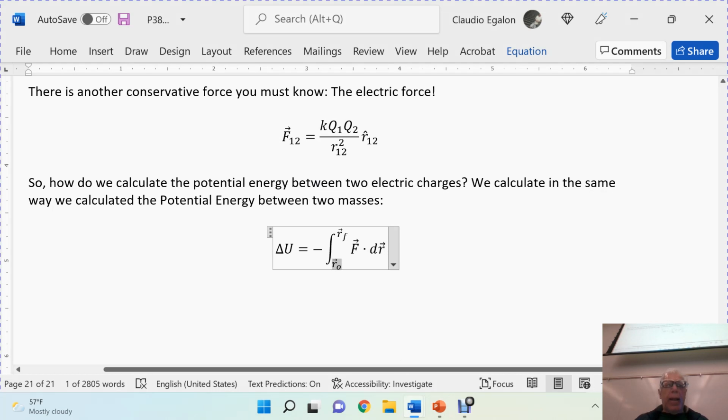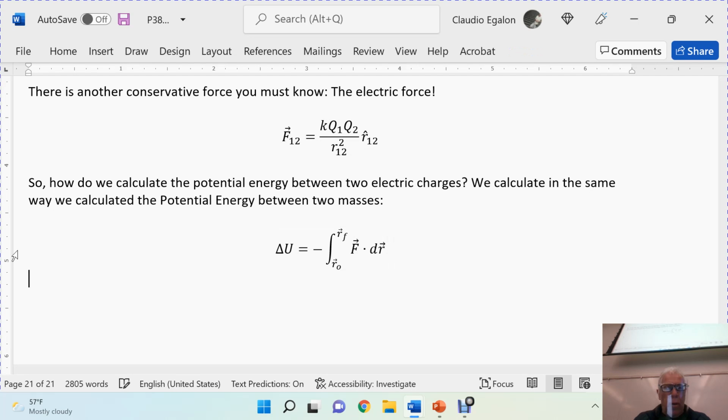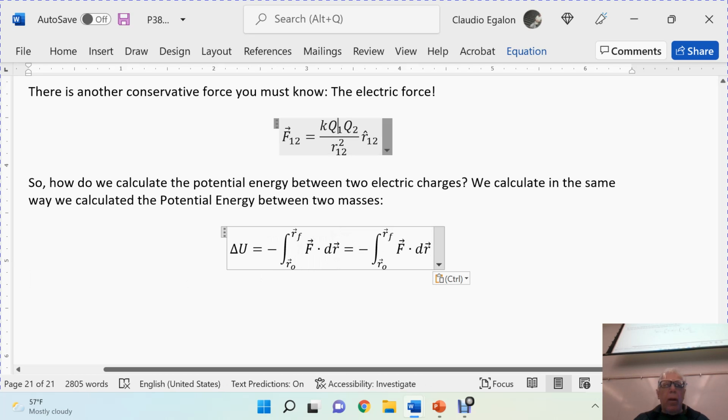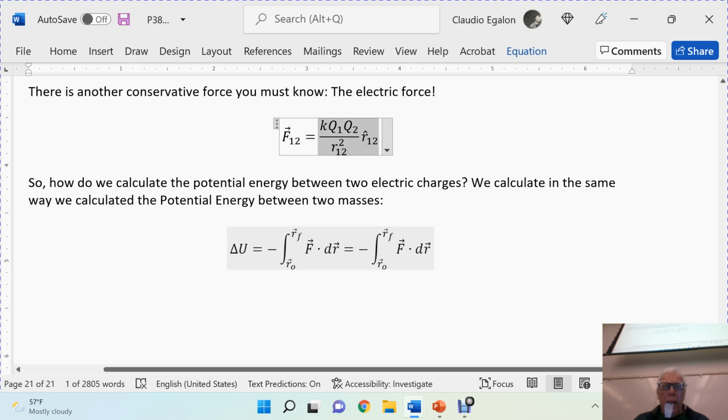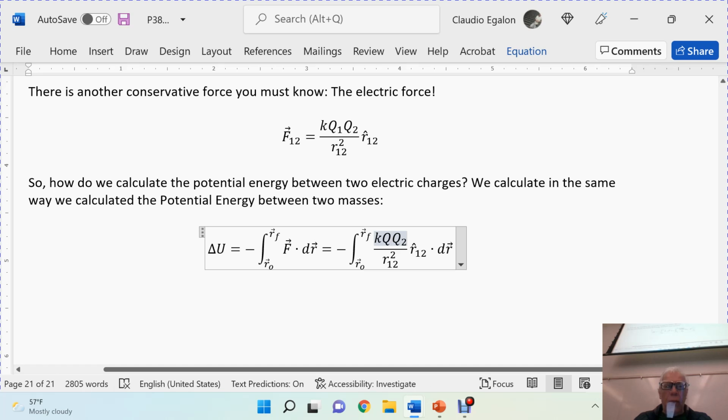Okay, and now I'm going to replace this equation right in here. And I'm gonna change the notation: big Q, small q.